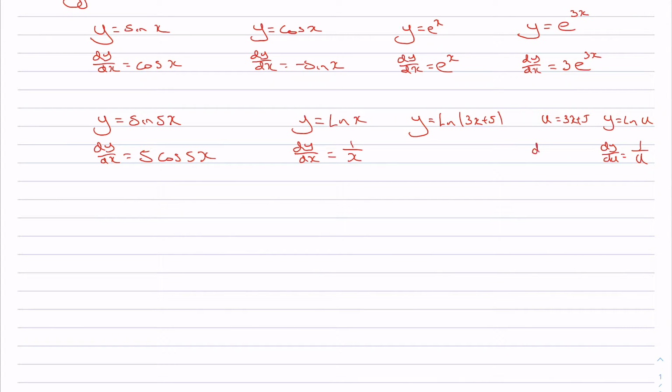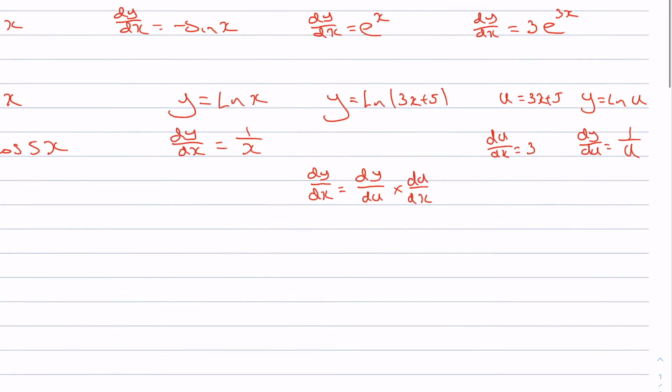The derivative du over dx is 3. So applying the chain rule, dy over dx is dy over du times du over dx. Remember, the du will cancel, but notice we already have dy over du. It's 1 over u.